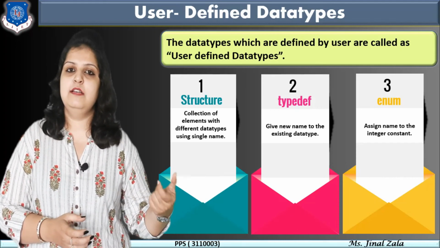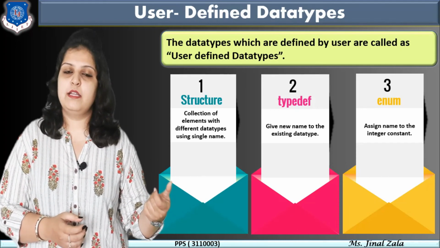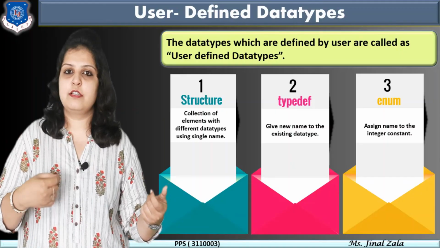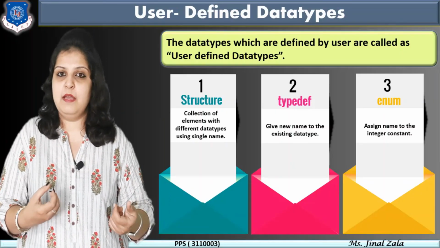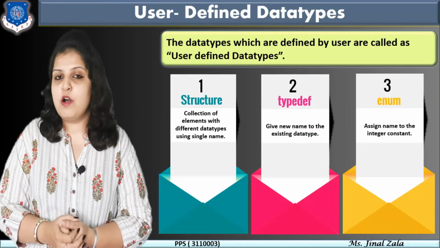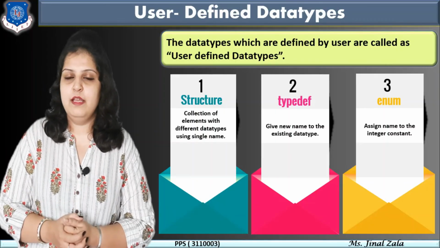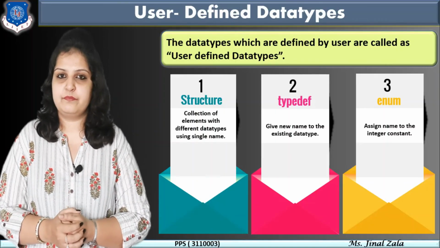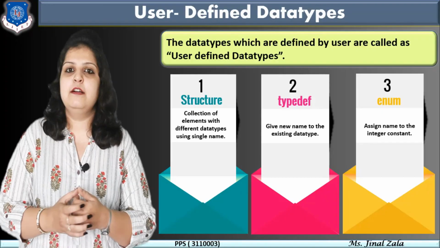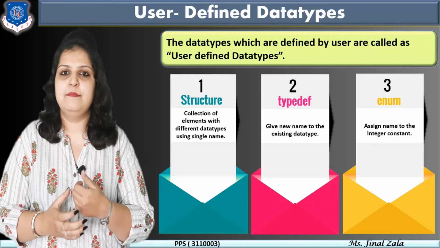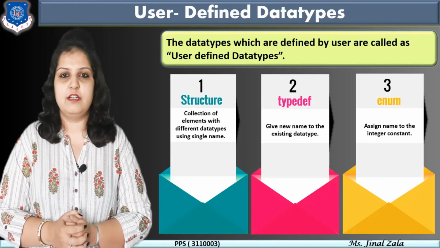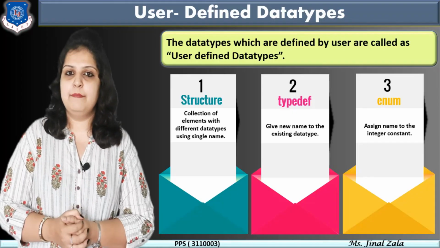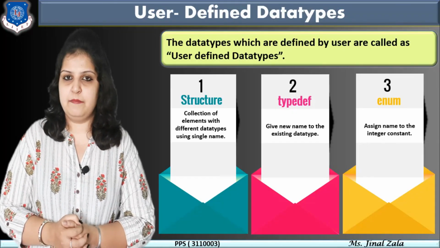Means integer is one existing data type, but if we want to give our own name as a data type, then it is possible using typedef. And last is enum. What is enum? Enum is used to assign names to our integer constants. So these are all examples of user defined data types.